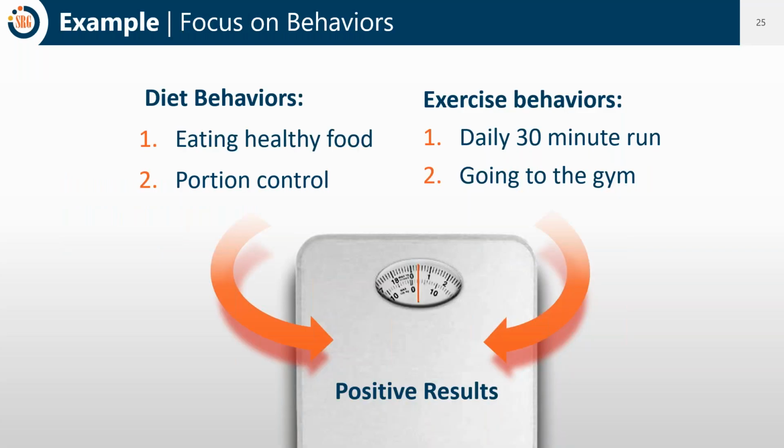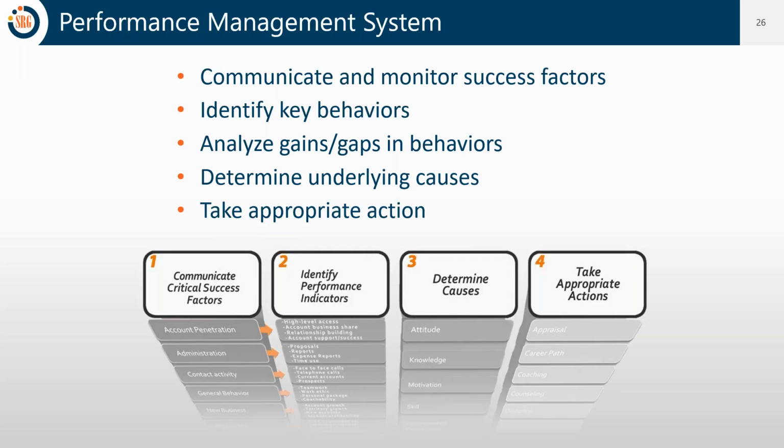A quick way to think about that: if you thought about weight loss, you can't just lose weight by getting on the scale every day. That may give you the motivation to lose weight, but two things that could lead to it might be diet and exercise. So we really think about what those behaviors are, and we only use this slide as a way of thinking about, if those are sales results, what are the activities that tie to those results. Without getting into a training, here are some of the areas that are important.